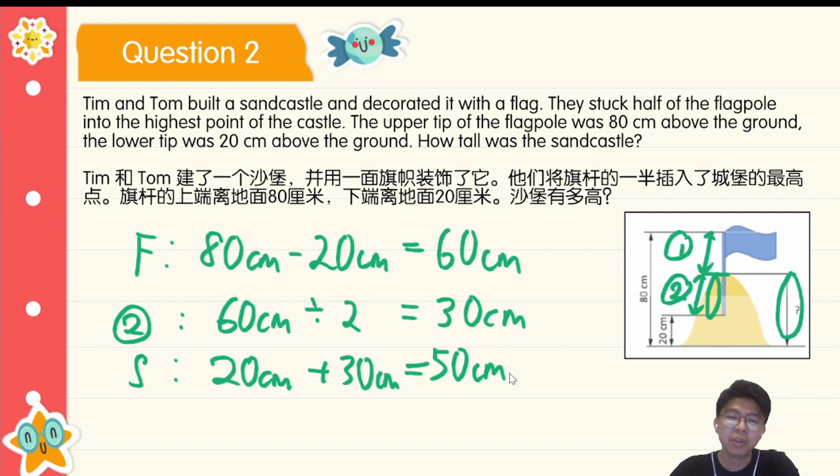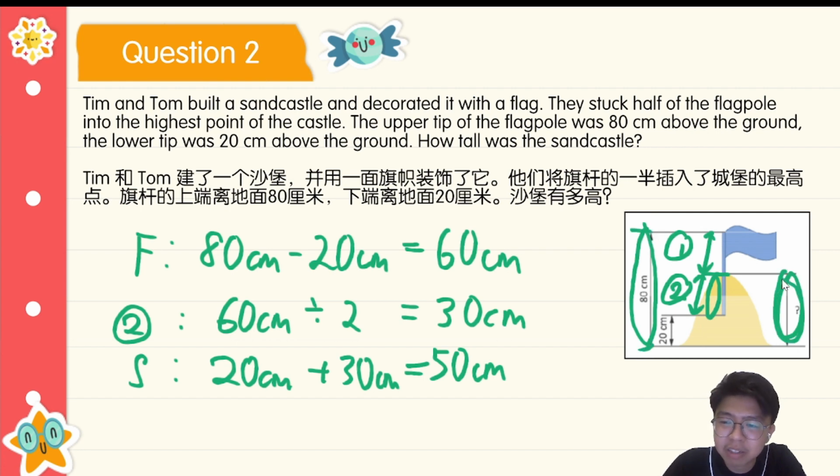Actually, you can see that there's another method to solve this question. How? You can see we already know the total length from the bottom up to the top, right? And we need to find out this part. So actually we can just use this length minus this part, and we'll get this length as well, right? Yes, let's try it out.